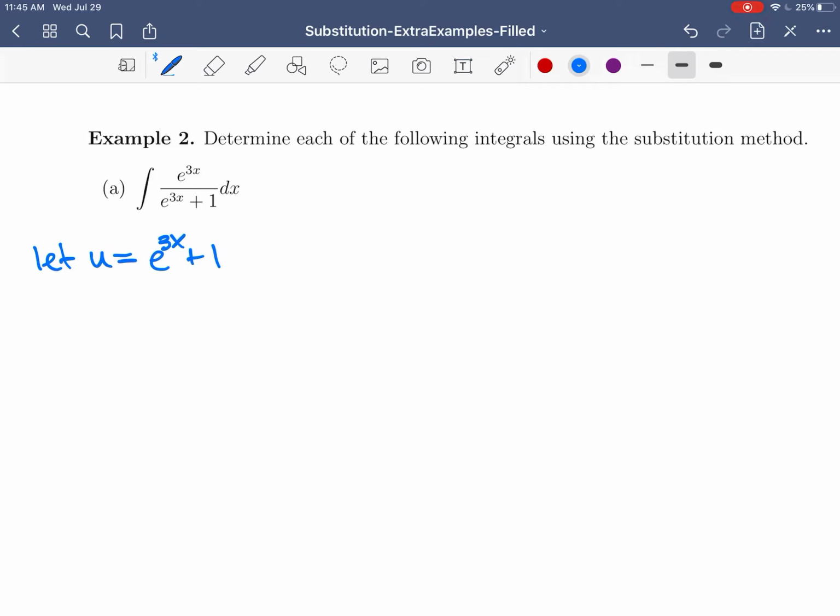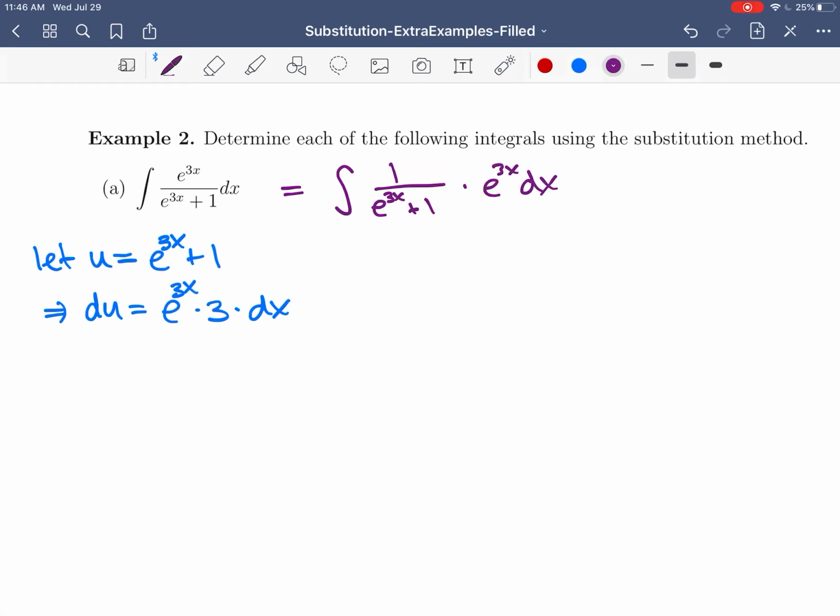So if u is e to the 3x plus 1, then du is the derivative of this. So that's e to the 3x times the derivative of the exponent, which is 3, times dx. I think this looks promising, because I could rewrite this as 1 over e to the 3x plus 1 times e to the 3x dx.